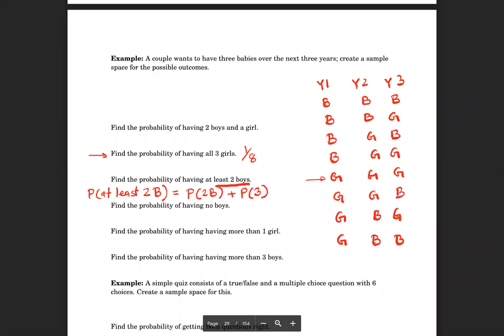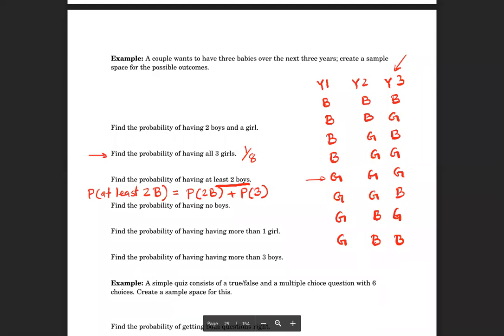You cannot have 4 boys because the couple is having only 3 babies over the next 3 years. So the probability of 2 boys and the probability of 3 boys.